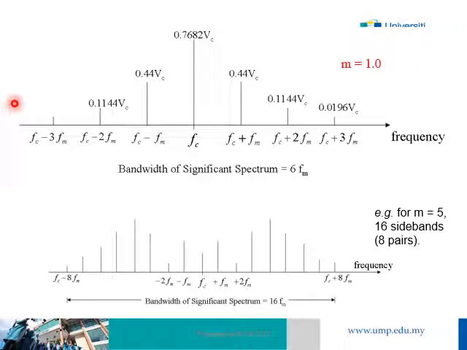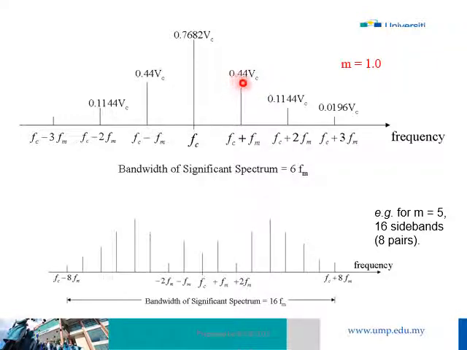So this figure shows the sideband when the modulation index equals 1, where the amplitude of the carrier is 0.7682 or 0.77 multiplied by Vc. This is the amplitude of the carrier. Next, the first sideband is 0.44 multiplied by the amplitude of carrier Vc.